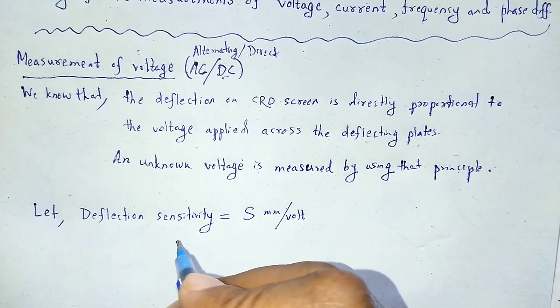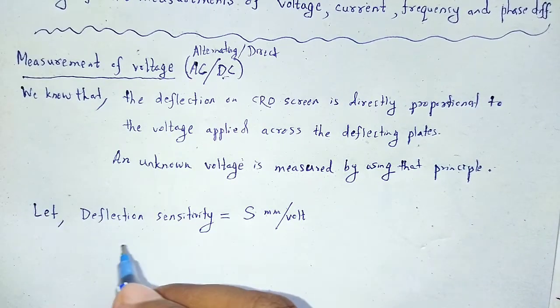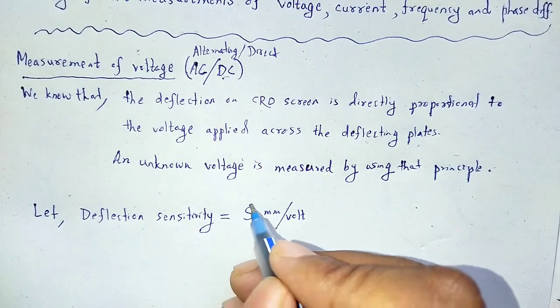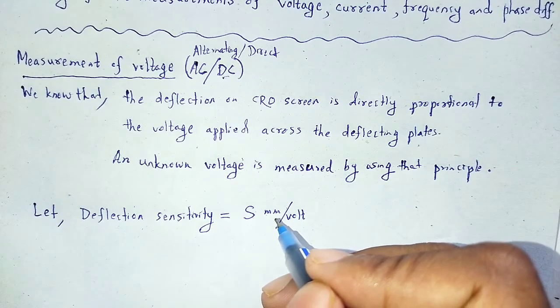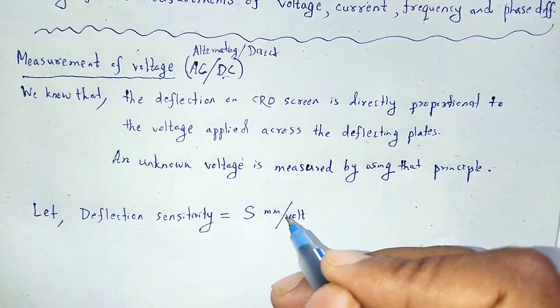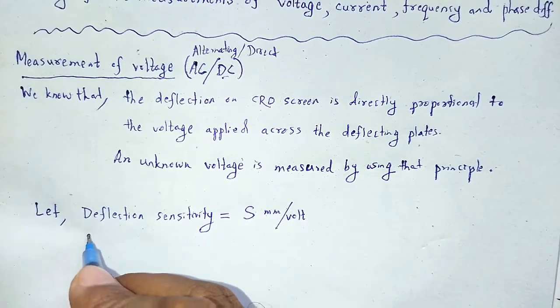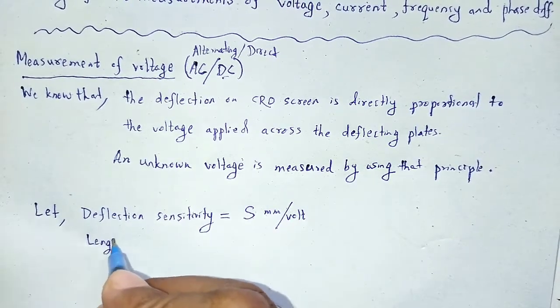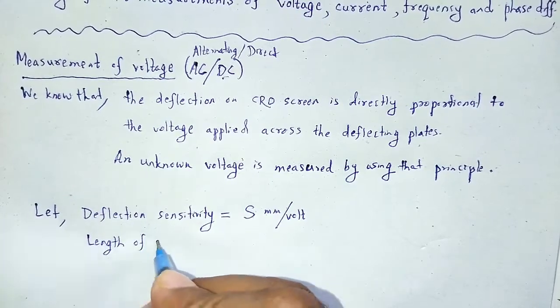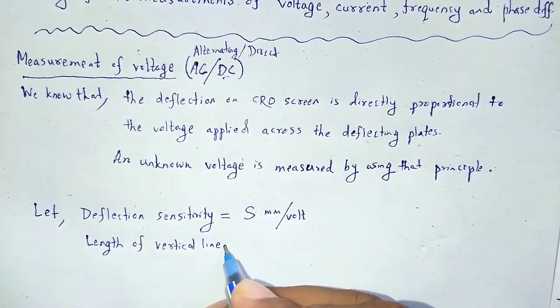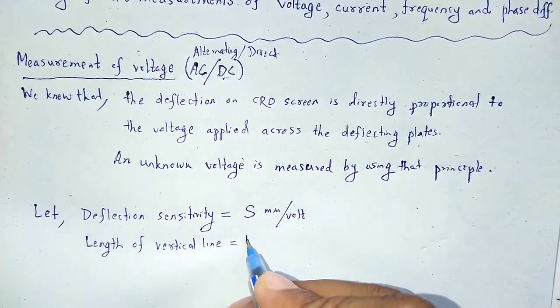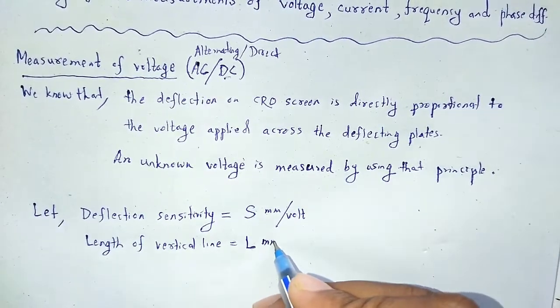Deflection sensitivity is the measure of deflection with respect to the change in voltage. Next, let the length of the vertical line be L millimeter.